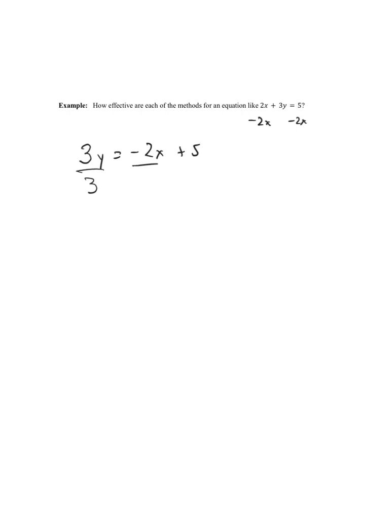Then if you divide by 3, you have to do that across all the terms. That gives us y equals negative 2/3 x plus 5/3. Now this one's tricky because we're trying to get whole numbers that we could plug in and get whole numbers back, whereas this is going to lead to a lot of fractions.